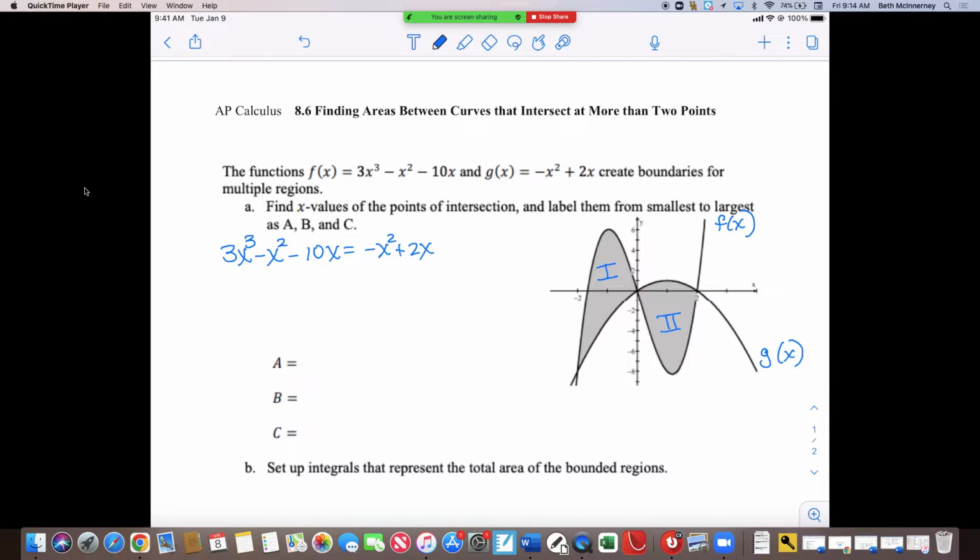So I'm going to pause a moment, and I want you to find the intersections. Now, one of them looks Captain Obvious, right? It's at the origin. But let's do the algebra in order to figure it out.